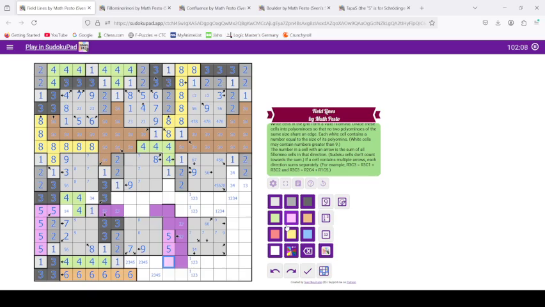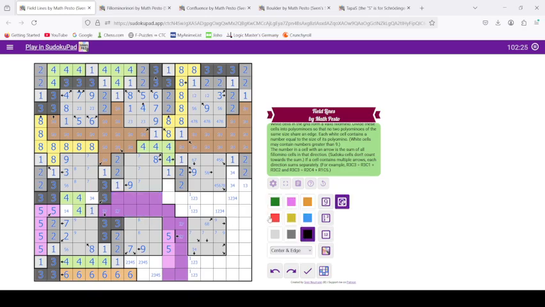I'm always missing something, aren't I? 4, 9, 11, 13, 15, 16, 17. And that's done over there. Wow. It was camouflaged.